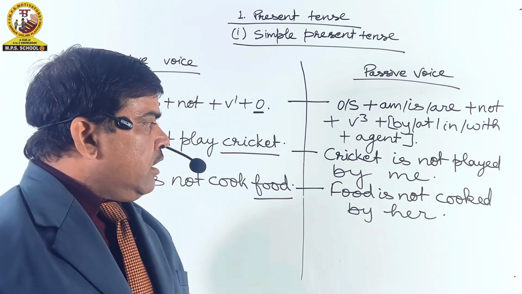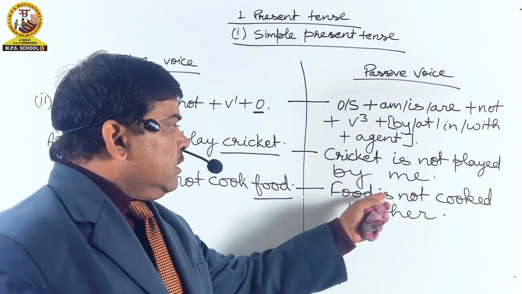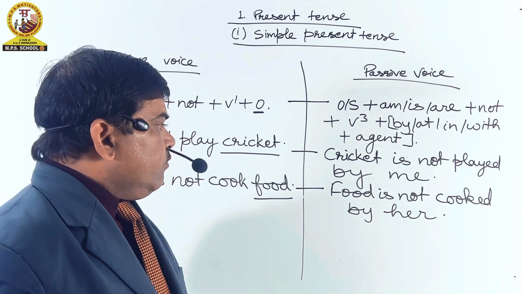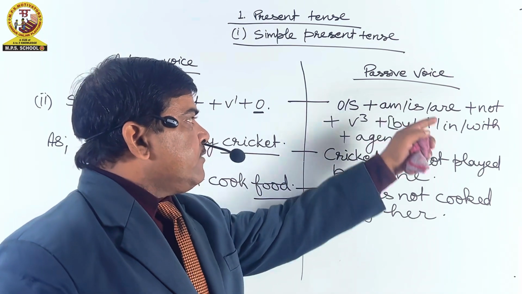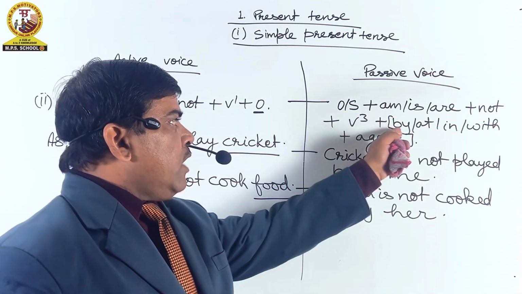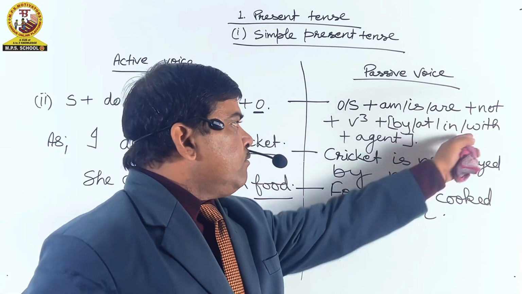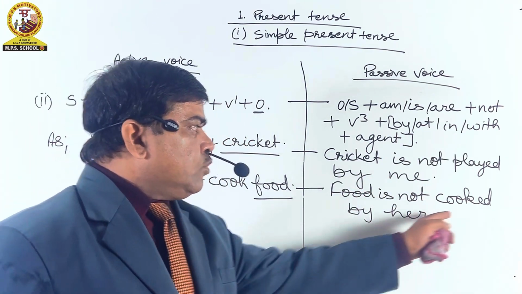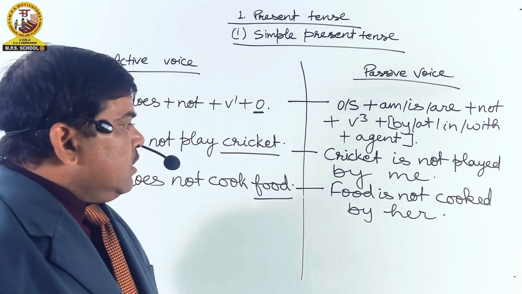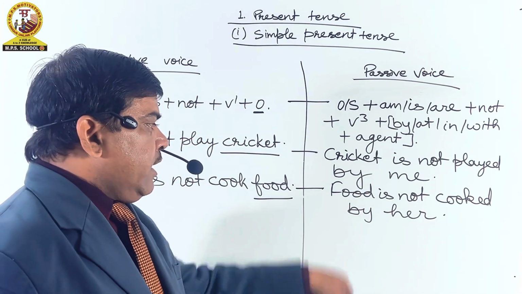We have already learned that in passive voice we use object as subject plus am/is/are plus not plus v3 plus by/at/in/with plus agent. Here we use by with cooked because with cooked we have to use by.